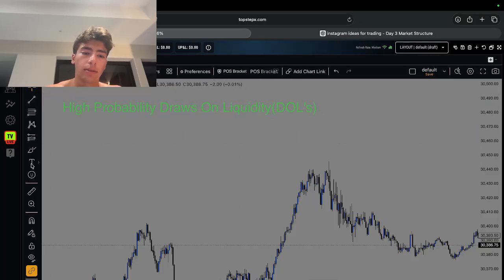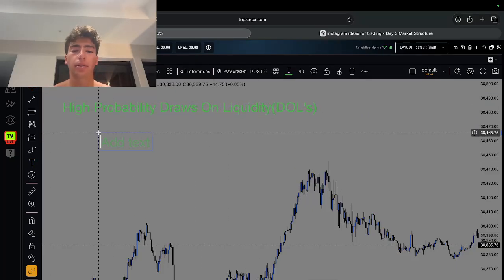So what are some high probability draws on liquidity? The first one, I would write this down also, is going to be called a 4-hour untapped fair value gap.